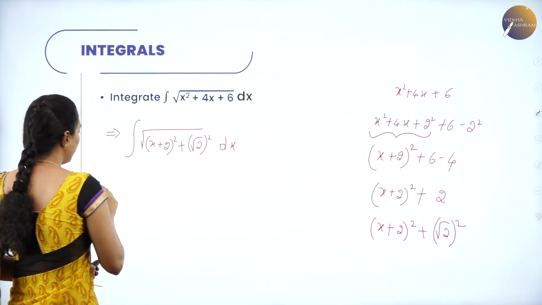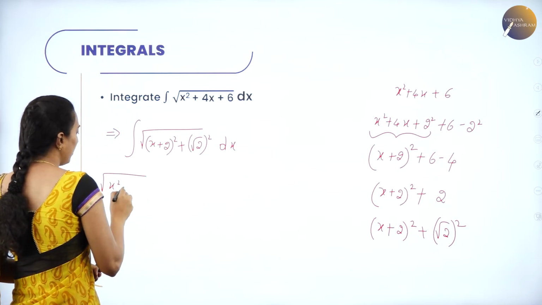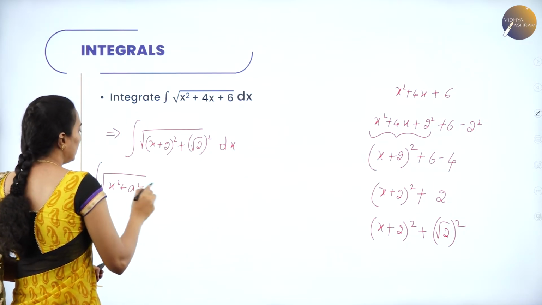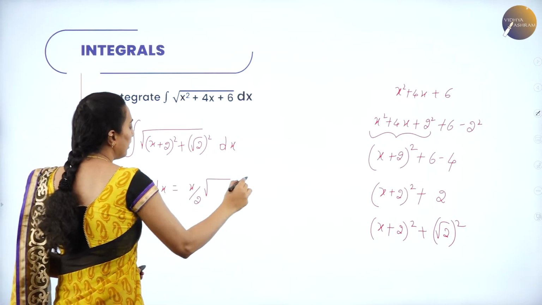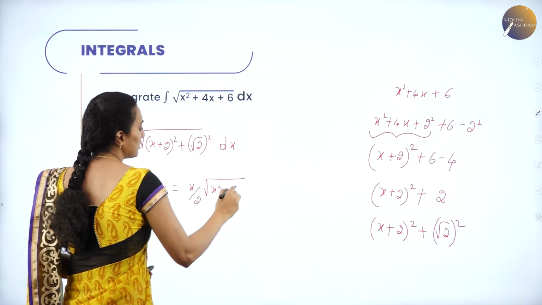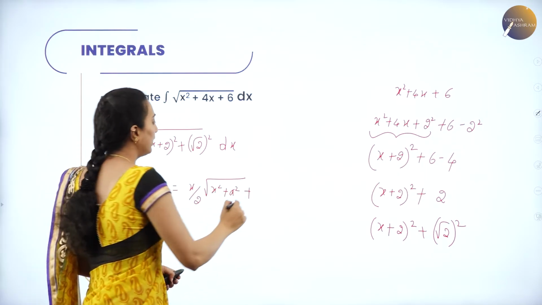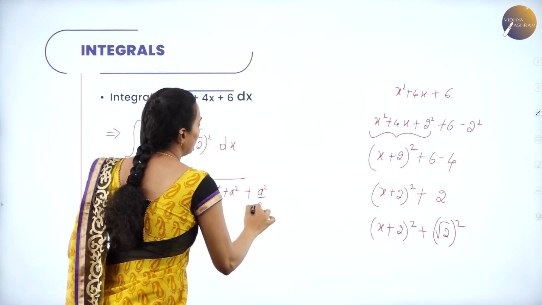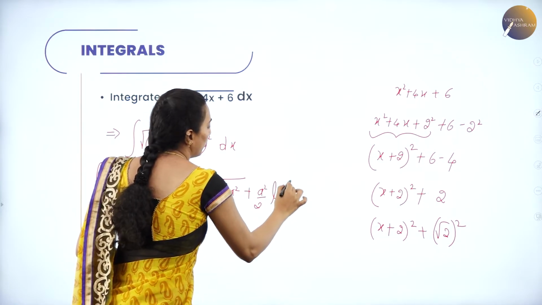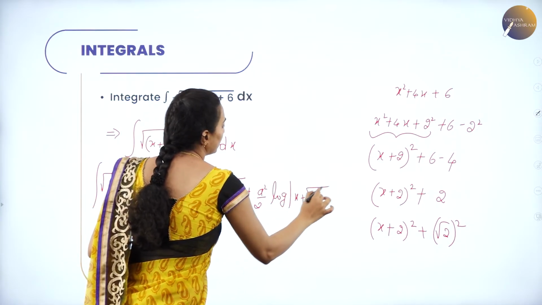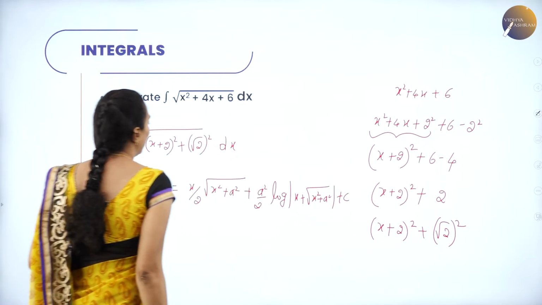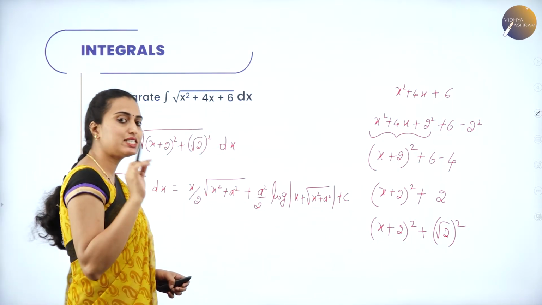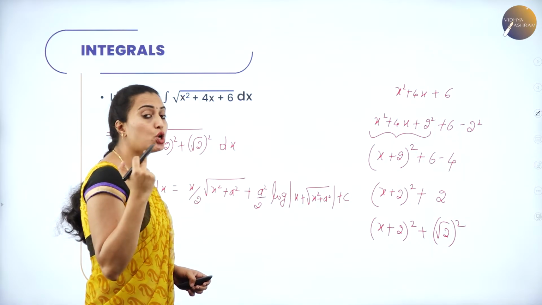And this is of the form integral of under the root x squared plus a squared dx, which implies x by 2 into under the root x squared plus a squared, plus a squared divided by 2 into log of modulus of x plus under the root x squared plus a squared, plus c. Right? Accordingly, x replaces x plus 2, a replaces root 2.